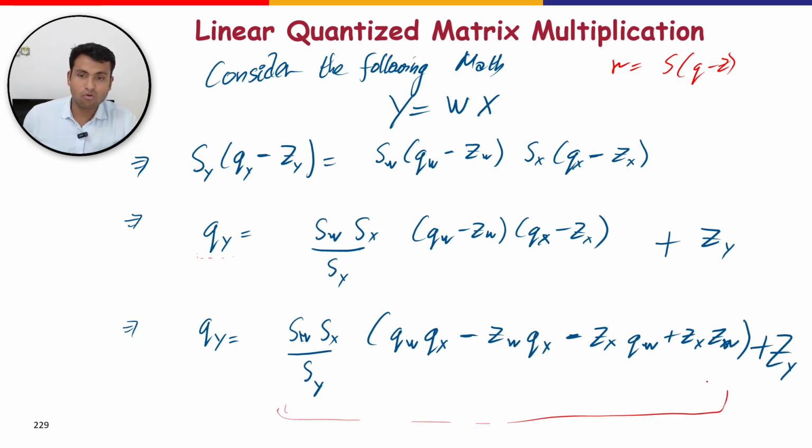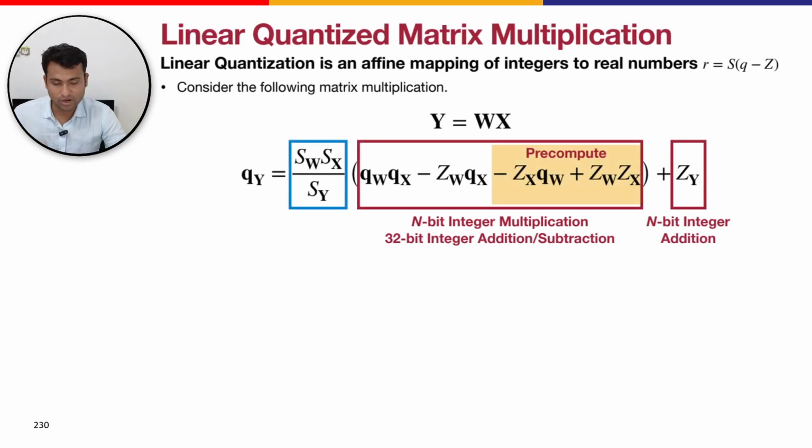Now from this matrix we have to identify certain things. What is actually happening is an n-bit integer multiplication. You had seen that s, the scaling factor, is still represented in floating point, but these two were represented in integer bits.